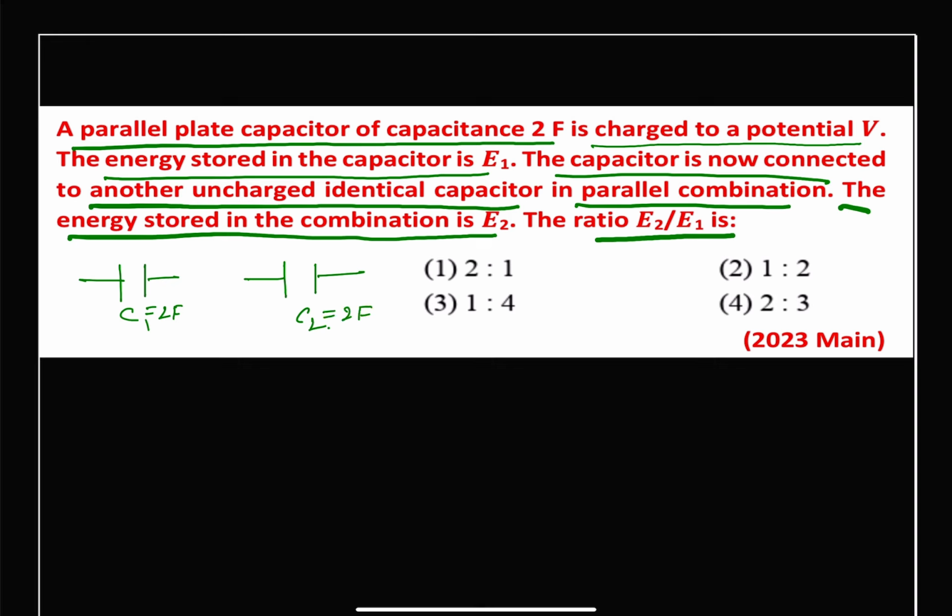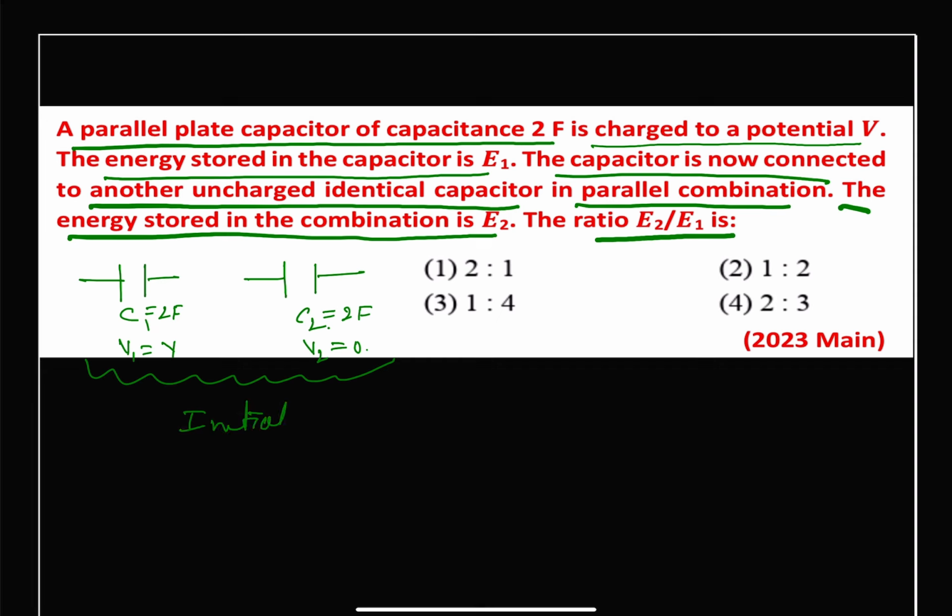C1 is charged to a potential of V, so we can say V1 is equal to V, and initially C2 is uncharged, so V2 is equal to 0. So this is our entire initial condition.